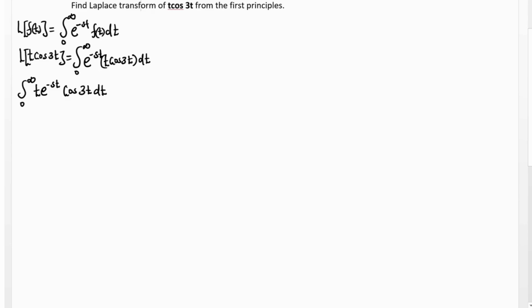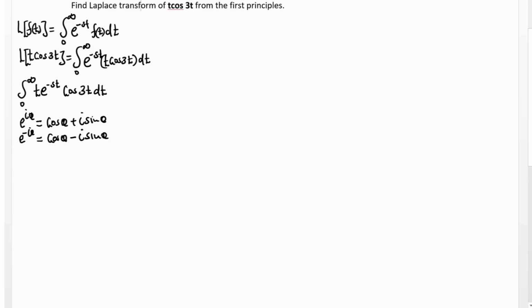At this point, we need to rely on Euler's formula, which states that e raised to i theta is equivalent to cos theta plus i sine theta, and e raised to minus i theta is equivalent to cos theta minus i sine theta.